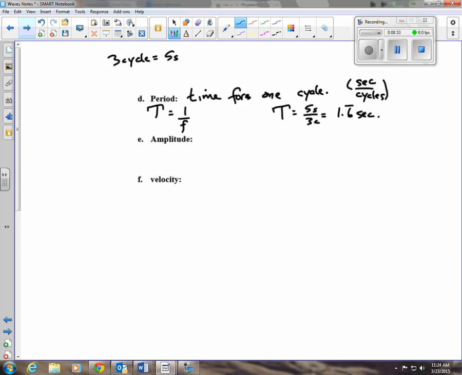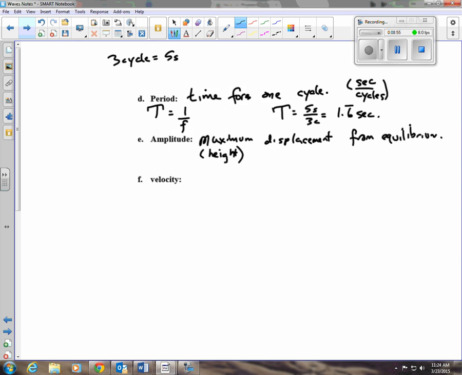Well, that thing is the amplitude. The definition for this is the maximum displacement from equilibrium. Now, the easy way to think of it, at least in a transverse wave, is the height.